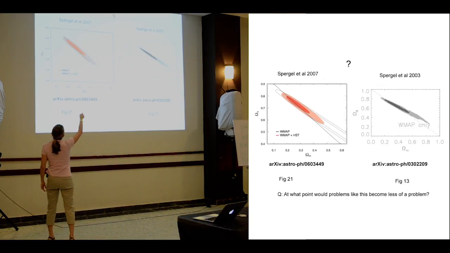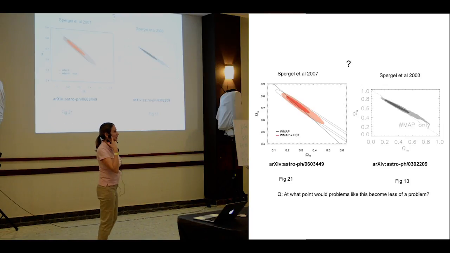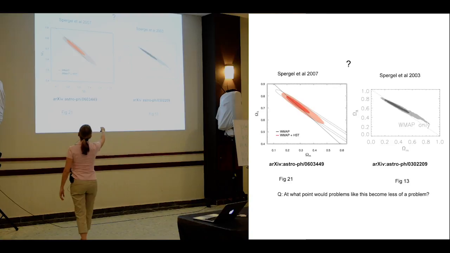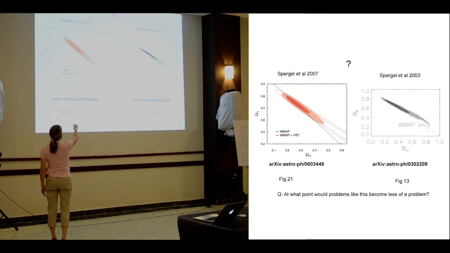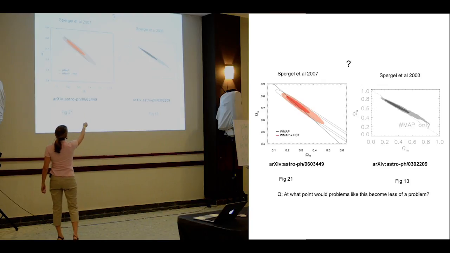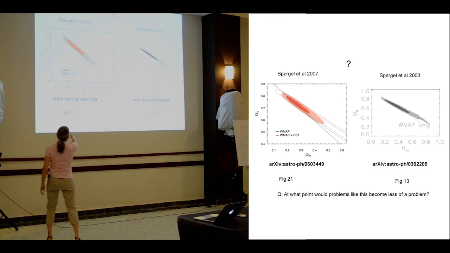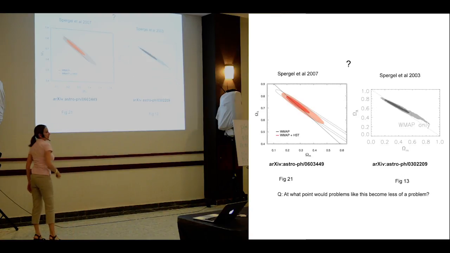This here is from the WMAP 3 years data results. And the orange contour is cosmic microwave background data plus the measurement of the Hubble constant by HST. So we are not concentrating on this, but on the transparent one, which is again WMAP. This is the reference, and this is figure 21.